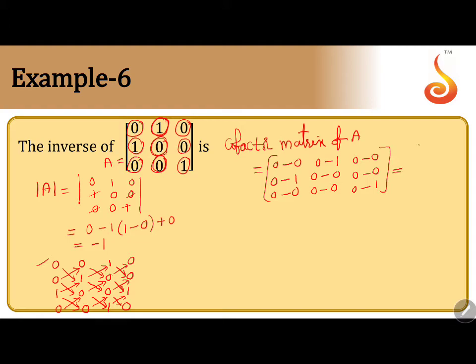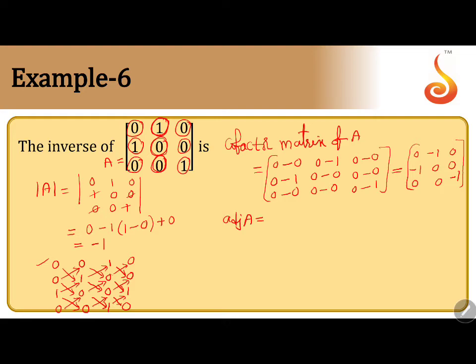So what we get here: 0 minus1 0; minus1 0 0; 0 0 minus1. This is the cofactor matrix.